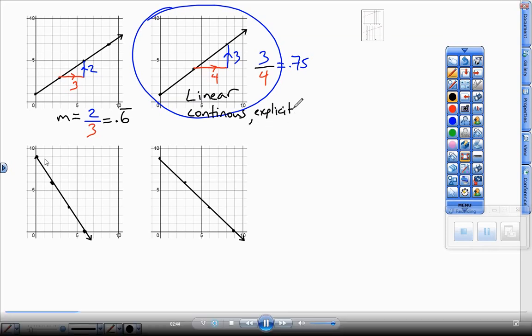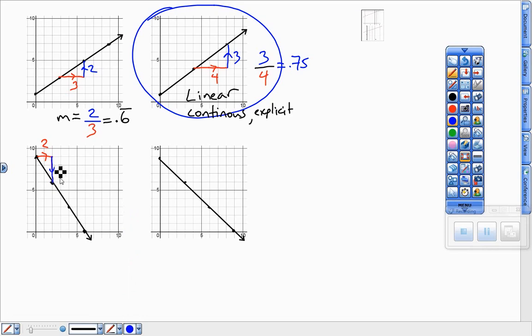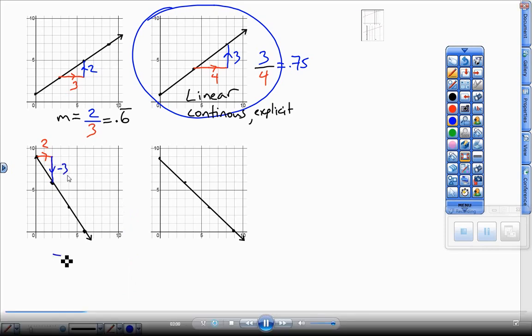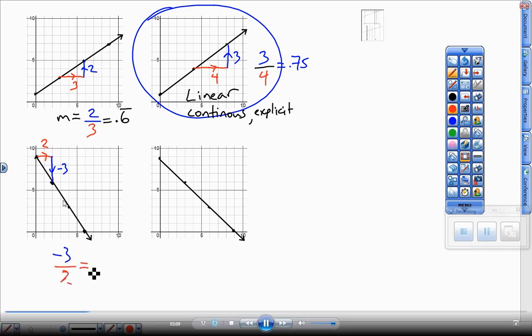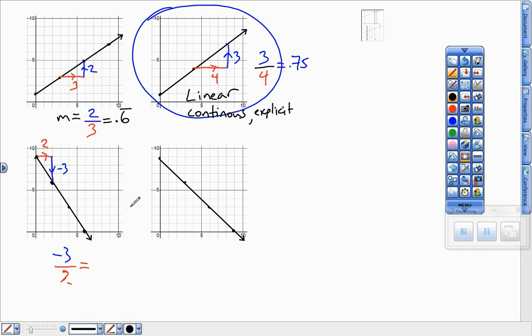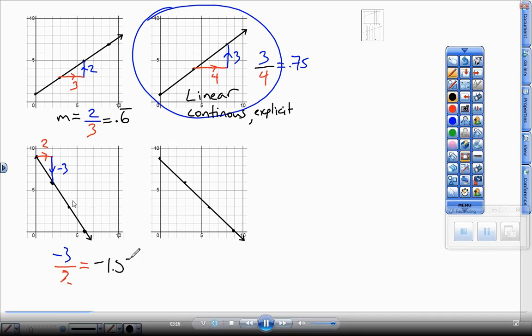All right, these two with negative slope, I could see that I'm going right 2 and then straight down to the first point I see, down 3. So if I write that in slope-intercept form, I'm going to make sure I put that negative 3, that's my rise on top, over 2. And that reduced down gives me negative 1.5. If I divided negative 3 divided by 2, it would give me negative 1.5.